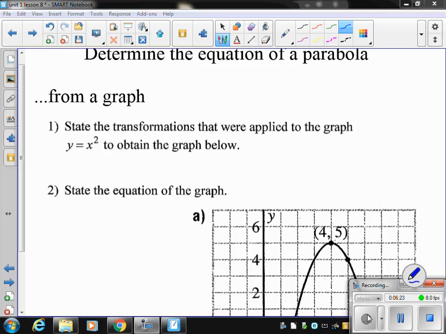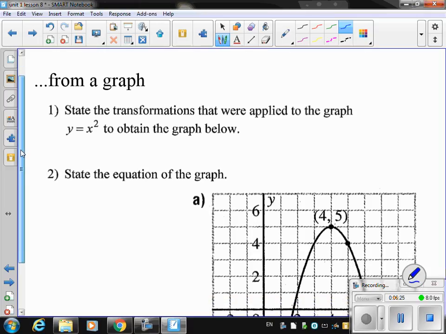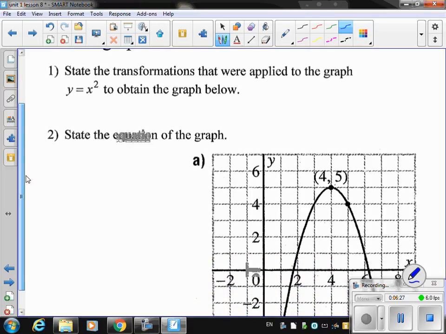The next slide walks us through the same process. We're determining the equation from a graph, and it says to state the transformations that were applied to the graph y equals x squared to obtain the graph below. Well, I see that my parabola has been moved upside down.